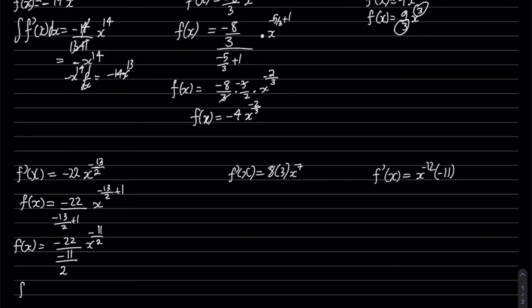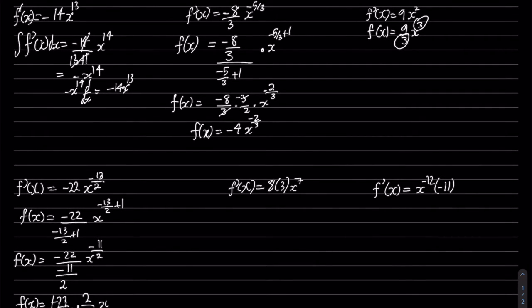So then you get f of x is equal to negative 22. Yeah, let's do it like this. 22 times 2 over negative 11. Cancel these out. And that's that.